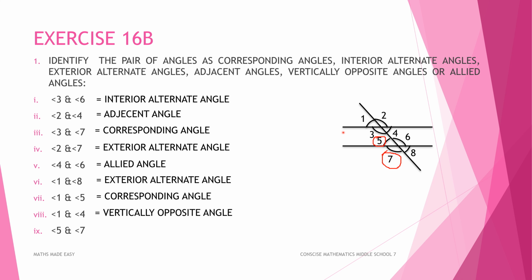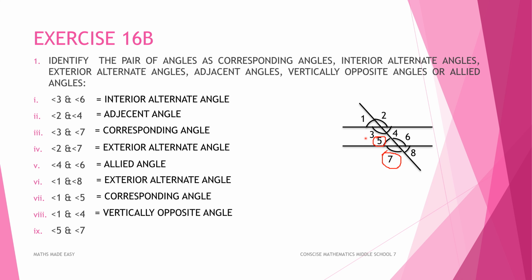Angle 5 and angle 7. Here is angle 5 and here is angle 7, right? See here. This is towards the internal and this is towards the external, right? So you might think it might be corresponding angle. Look here, for corresponding angle, in between 5 and 7, there should be another angle, right?